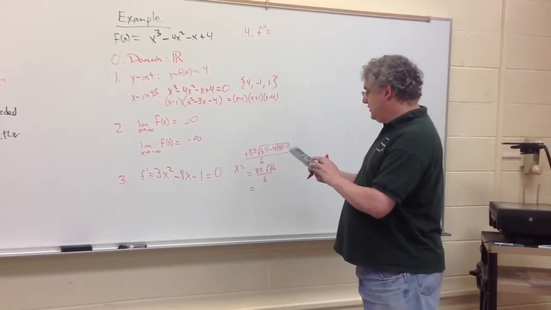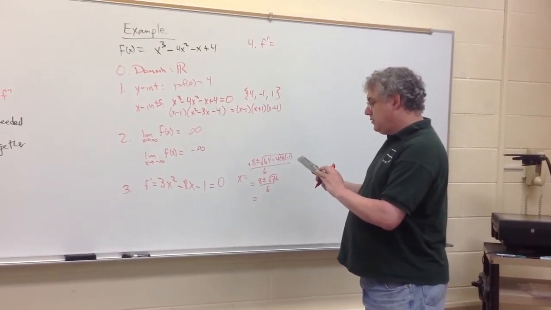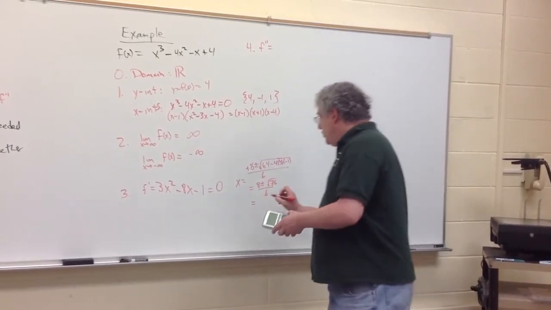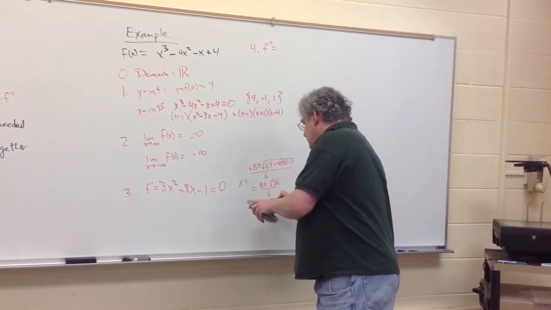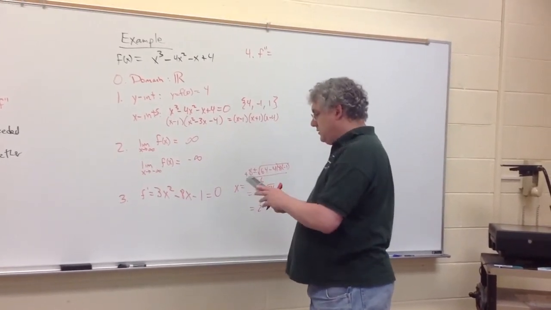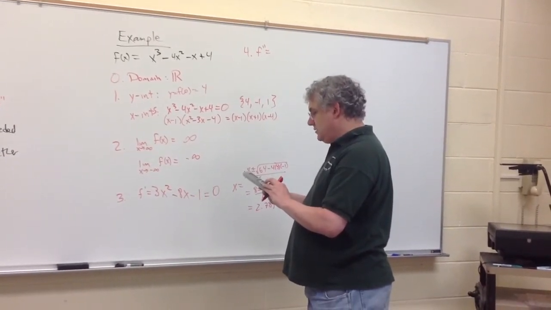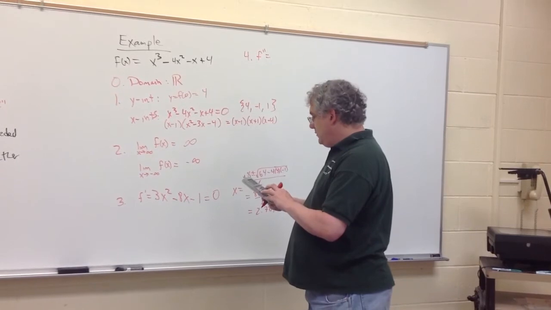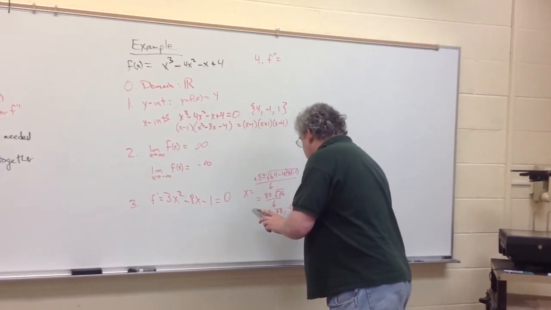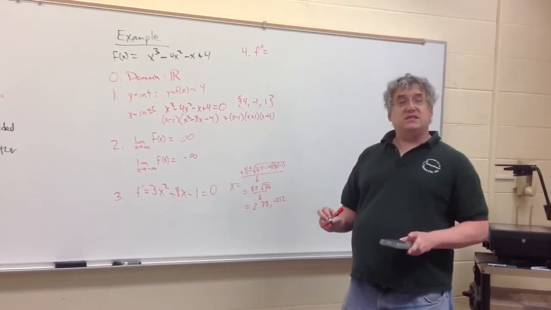So I get 2.78 and 8 minus square root of 76 divided by 6 is negative 0.12. Those are the x values of the critical points.